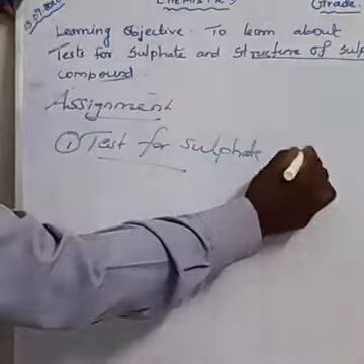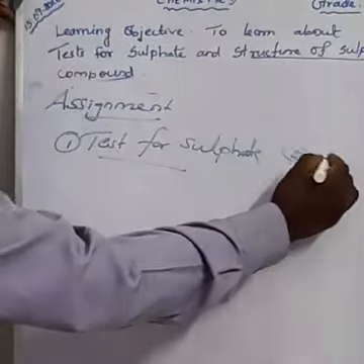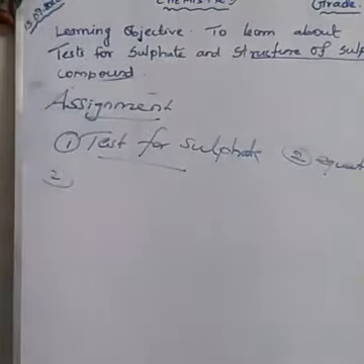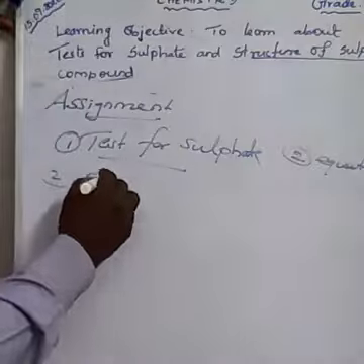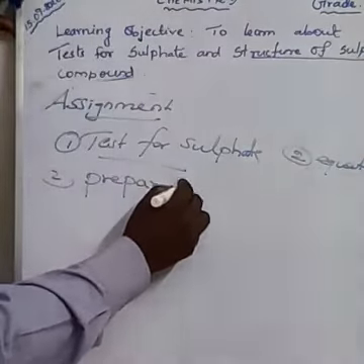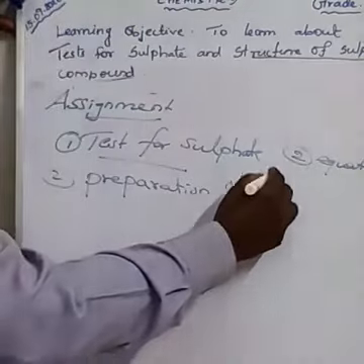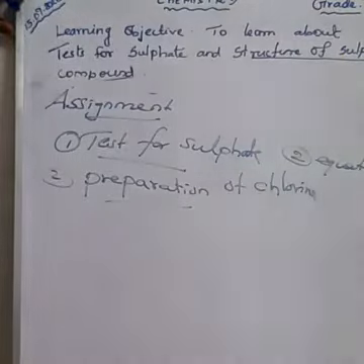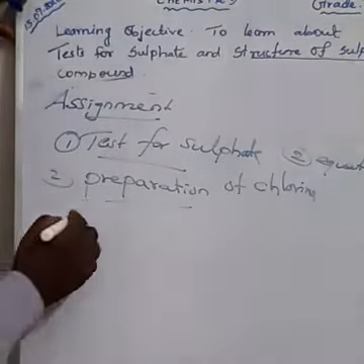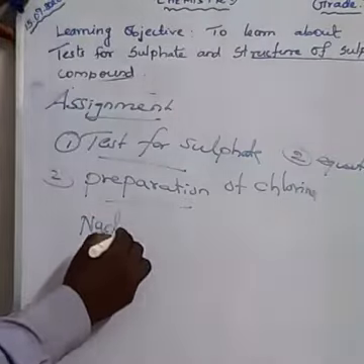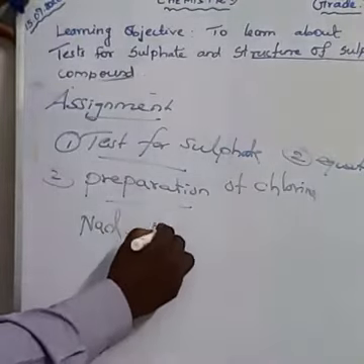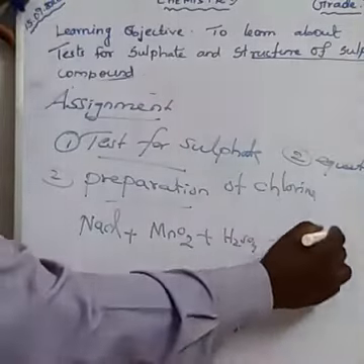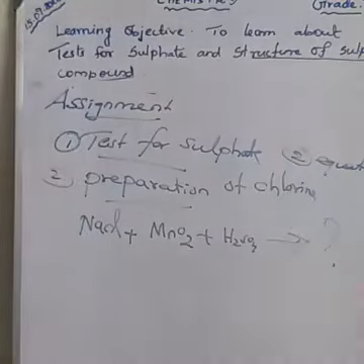You must write the 2 equations. And next one is the preparation of chlorine, that means the reaction between sodium chloride, NaCl, and MnO2 in the presence of sulfuric acid. These are the 2 assignments.